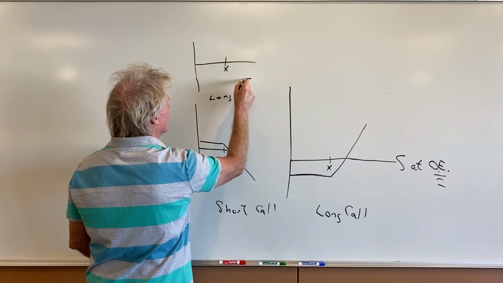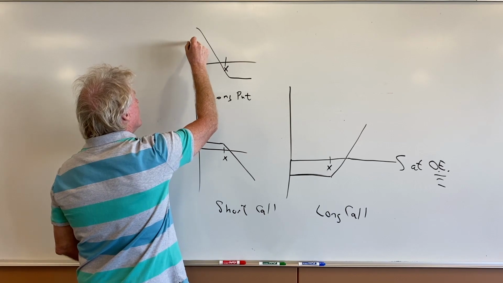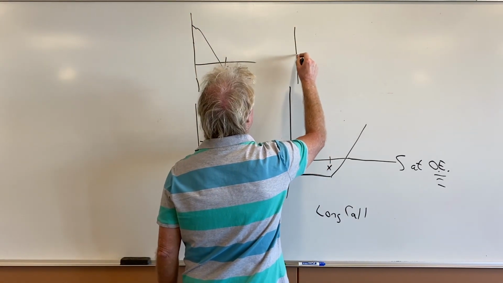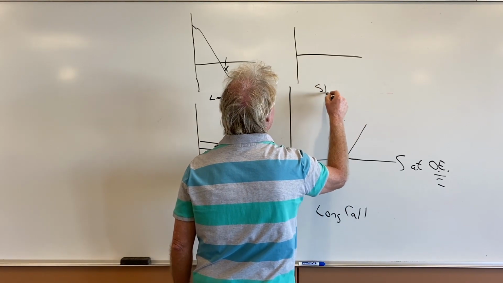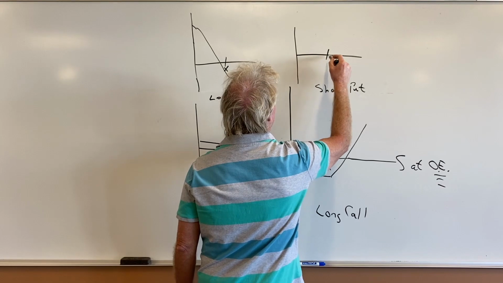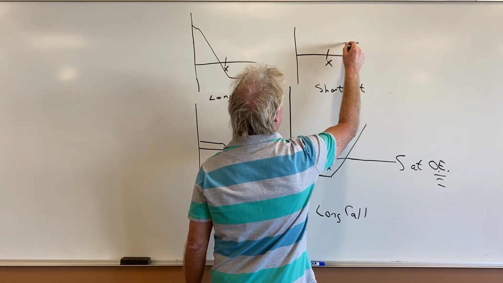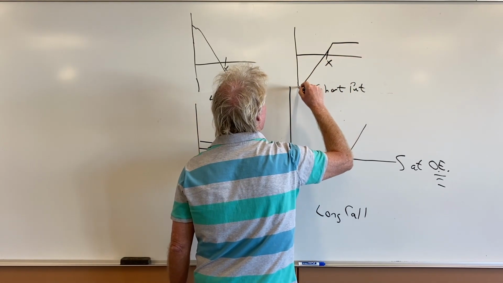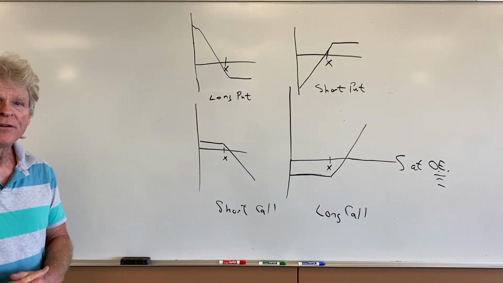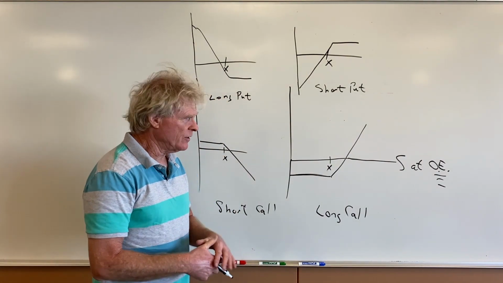So a long put looks like this. And then over here I'll put a short put. Okay, and so those are the 4 profit diagrams that we've seen to this point.